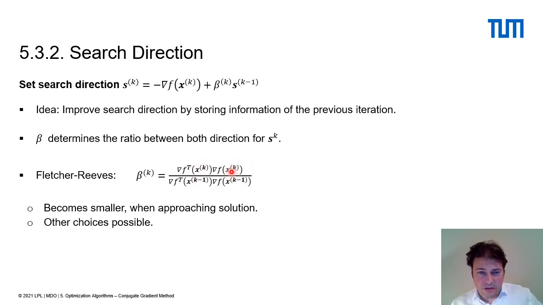So this number here becomes bigger when the current gradient becomes big, or vice versa, when you're about to converge, meaning your gradient becomes smaller and smaller, then beta will also become smaller. So the more influence the current gradient will have, and the less the search direction of the previous iteration will have.